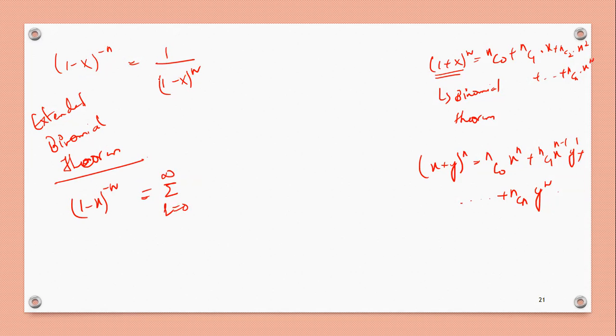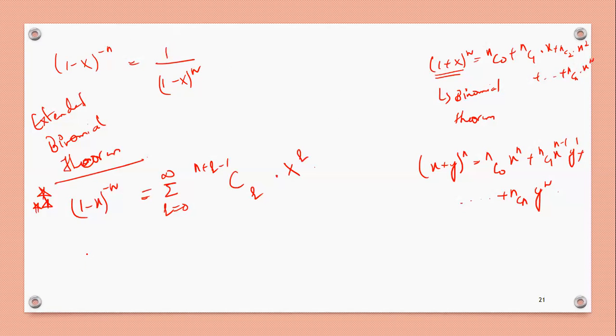Since this is in the same way as 1 by x or the geometric series, here we have, suppose n is the power, then we will have n terms. But if we have minus n as the power, we will have infinite terms. And it will be written as n plus r minus 1 cr into x power r. Okay, this is a formula for extended binomial theorem. Remember it, better to remember it as a formula.